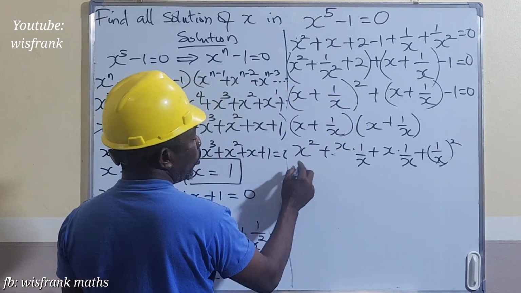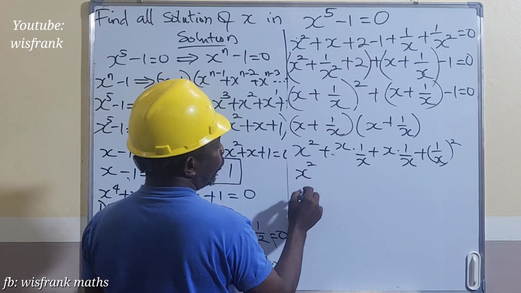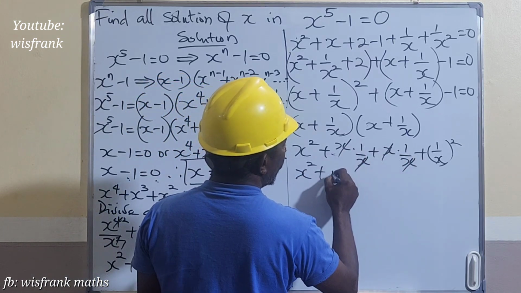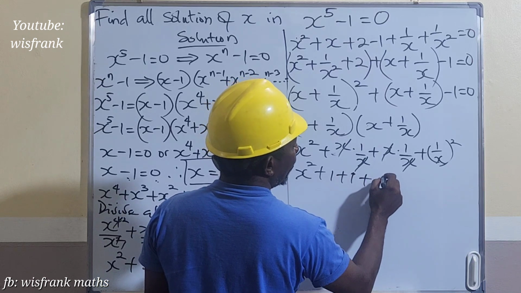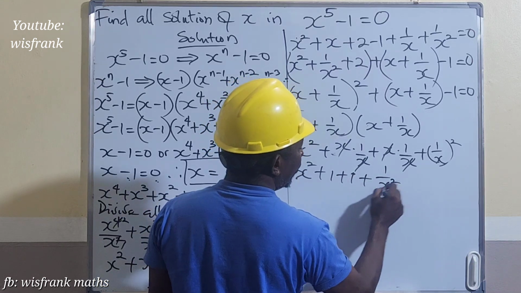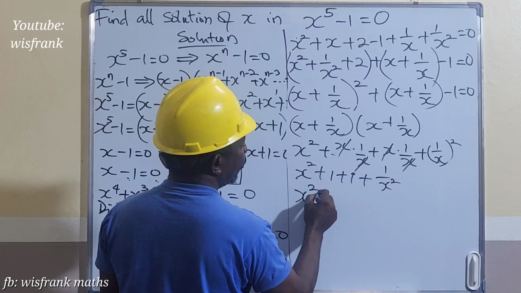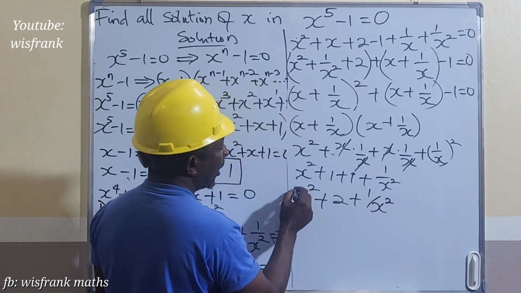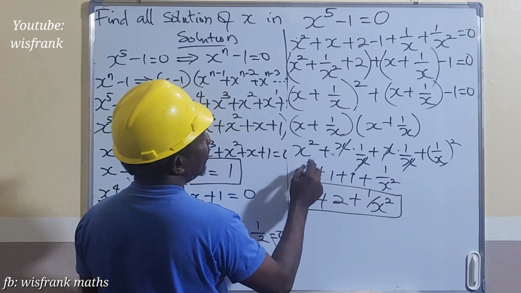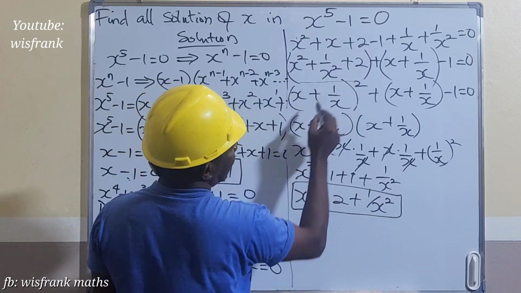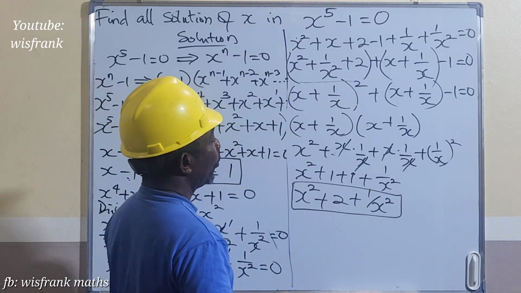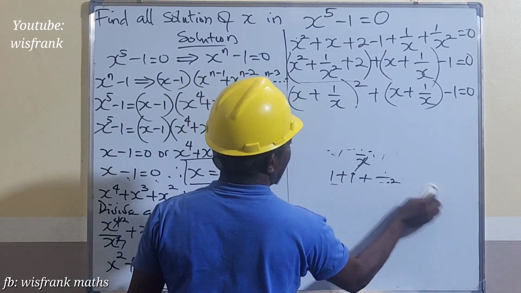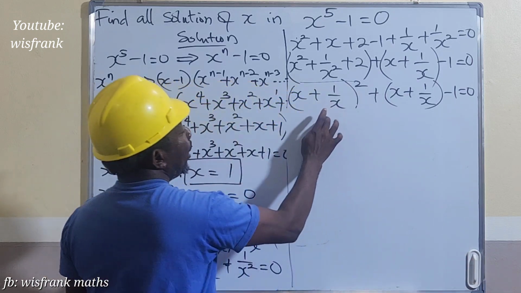So this becomes x to the power of 2 plus 1 plus 1, this one cancels here and this one cancels here, then plus 1 all over x to the power of 2. This is x to the power of 2 plus 2 plus 1 all over x to the power of 2. You can see that this is the same thing as having this, so that is why we have this. We have succeeded in proving that, so we all understand why we bring in this.